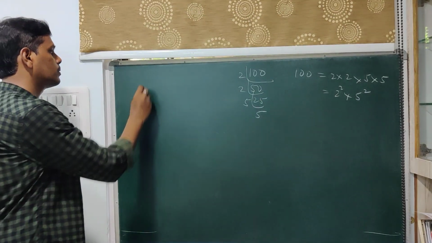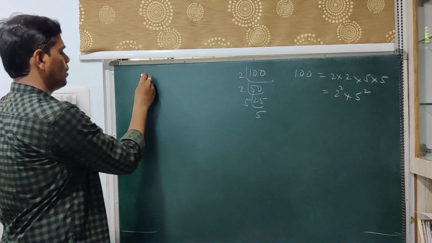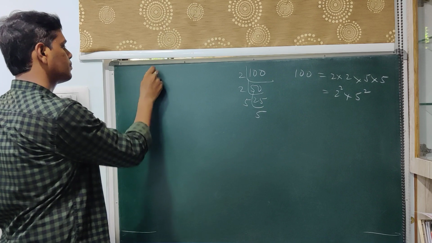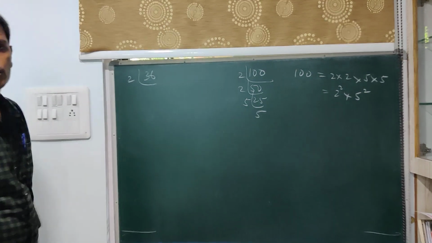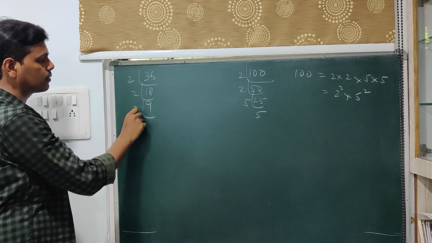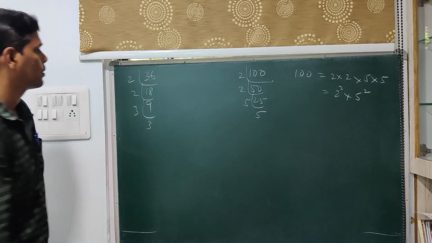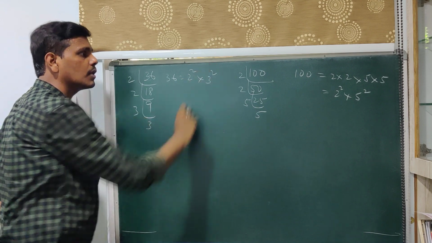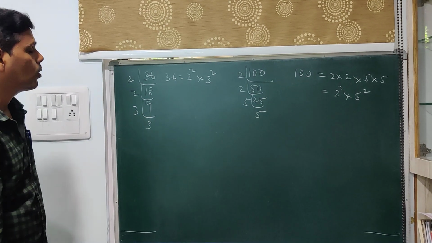Let me take one more number, say 36. 2 times 18, 2 times 9, 3 times 3. So 36 is equal to 2 square into 3 square. May I write that way? Okay.